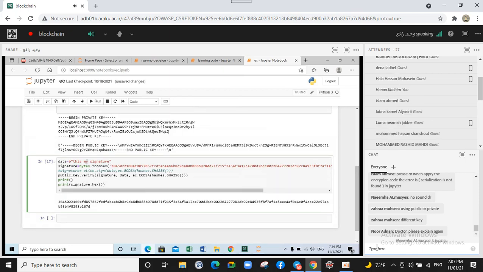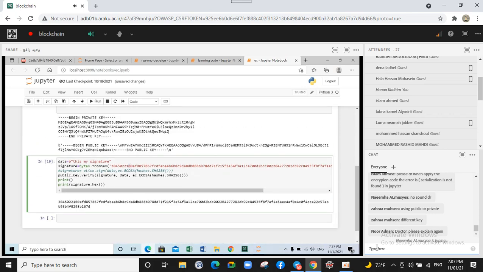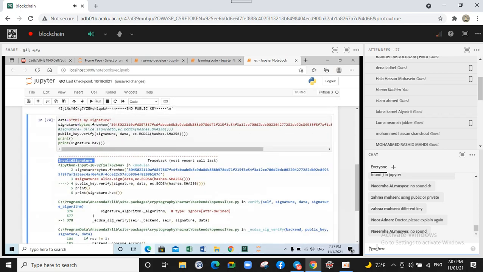Change a little bit in the data and run it again, and it is an invalid digital signature. Bitcoin uses this to prove the authority.